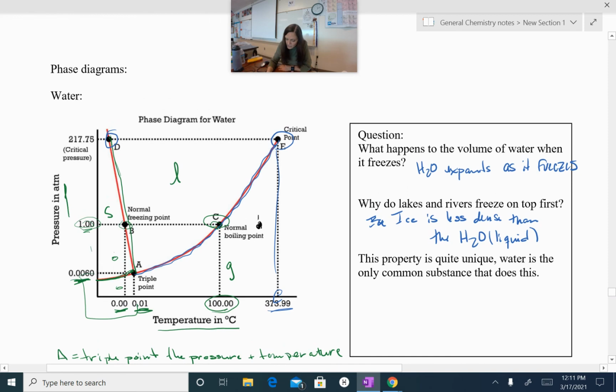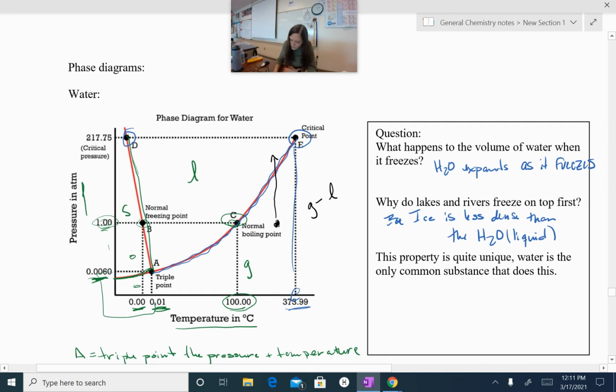If I increased the pressure here, I would go from the gas phase to the liquid phase. What would happen if I started out on that same point and I decreased the temperature? So if I decrease the temperature will go down. So if I do that, I would go from the gas, once again, to the liquid phase.